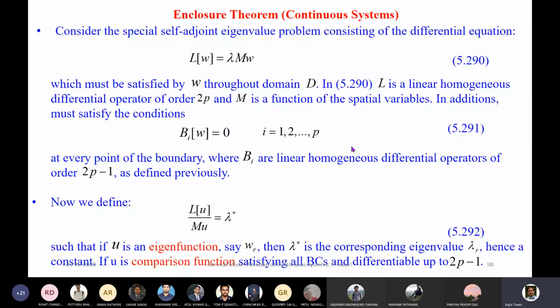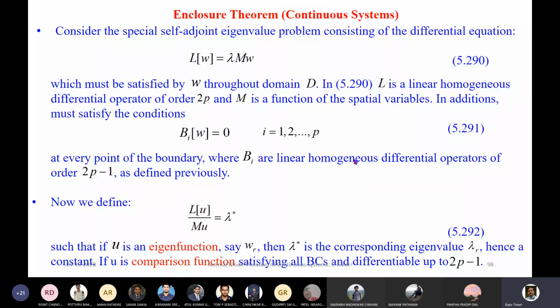Solution of the eigenvalue problem is not simple. So the beauty of this particular algorithm will be clearer here: how we are able to get some rough estimates of the natural frequency using this procedure without solving the differential equation of the eigenvalue problem.